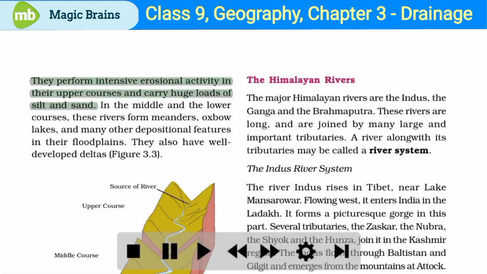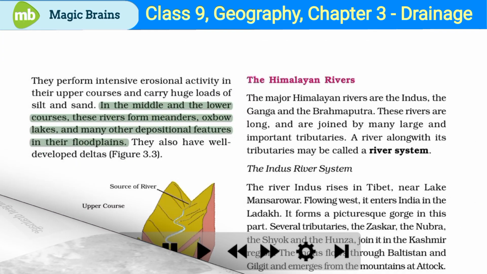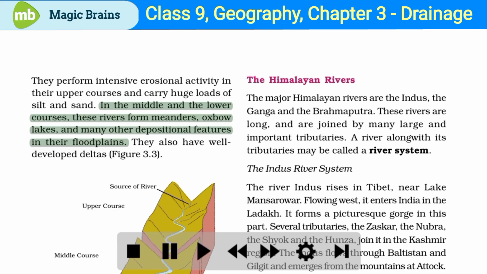They perform intensive erosional activity in their upper courses and carry huge loads of silt and sand. Figure 3.2. A picture of a gorge is given here. In the middle and the lower courses, these rivers form meanders, oxbow lakes, and many other depositional features in their floodplains.